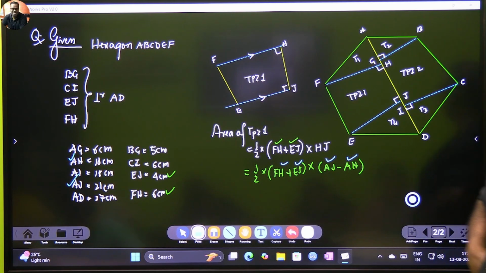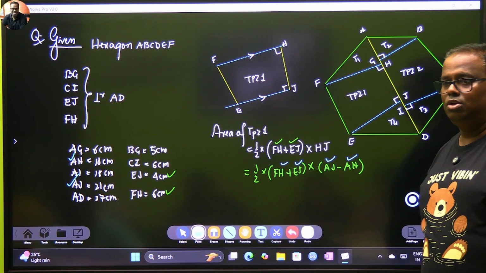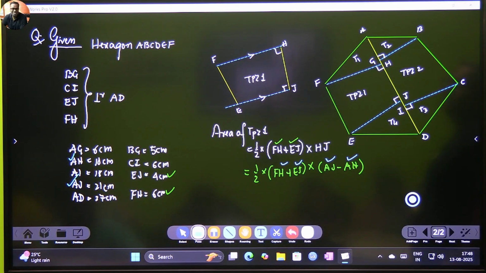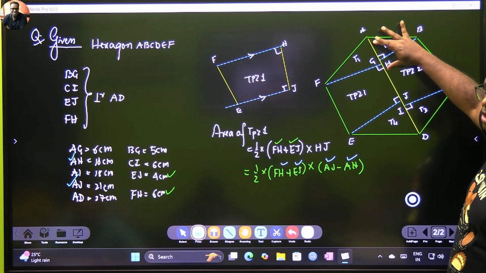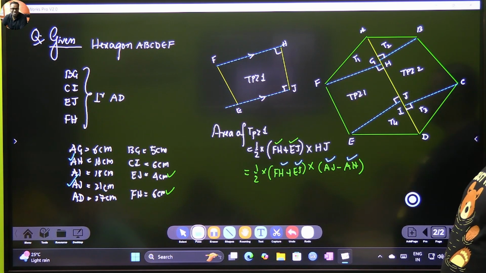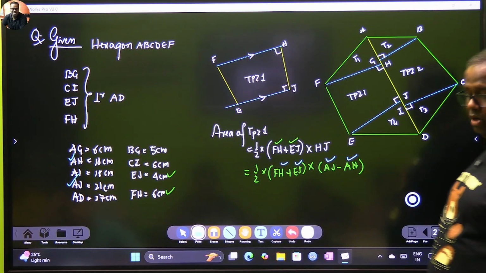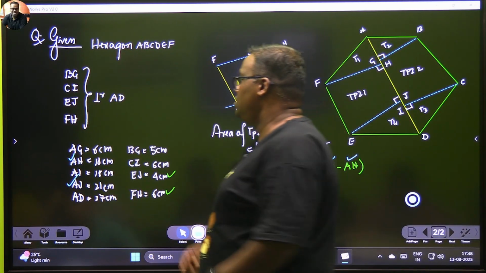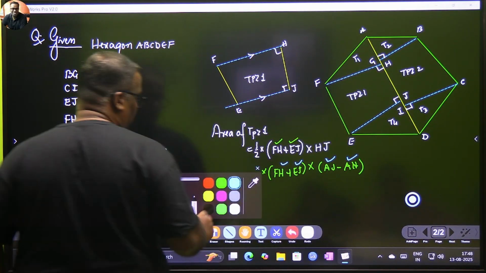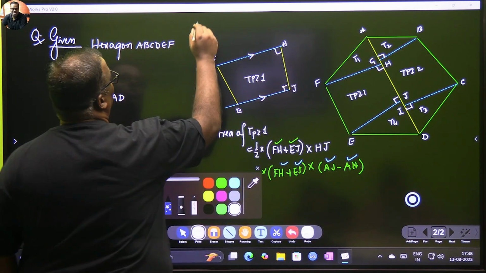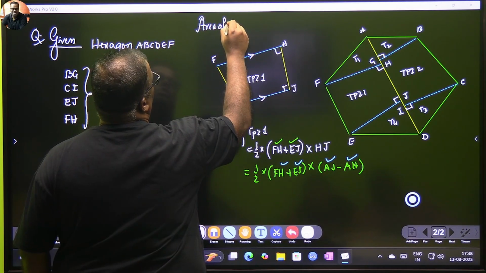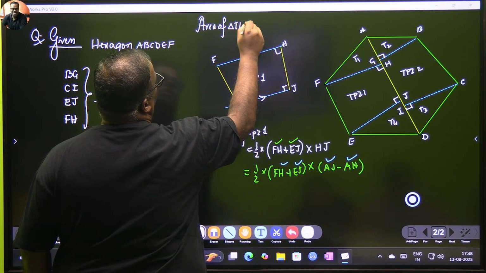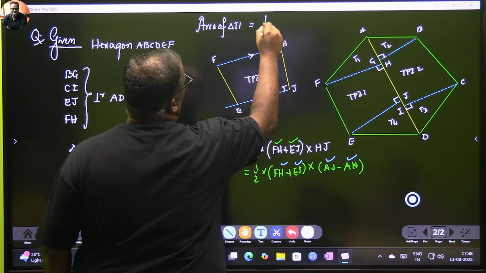Can you find out the areas of T1 and T2? Look at the board and try to find out the areas of triangle T1 and T2. Can anyone tell me what should be the area of triangle T1? Half into AG into AF. All I need from you right now is to write a simple thing: area of triangle T1 would be half into the base.